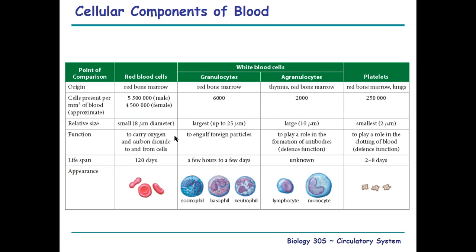And so this is where I was saying you can see maybe a little bit more of a representation of the granulocytes and the agranulocytes and what they might look like. And you can see the smooth appearance of them here, the rough appearance here, the biconcave discs that kind of look like a donut with no hole, and then the platelets over here. How long each one of them lives, their function, their relative size.